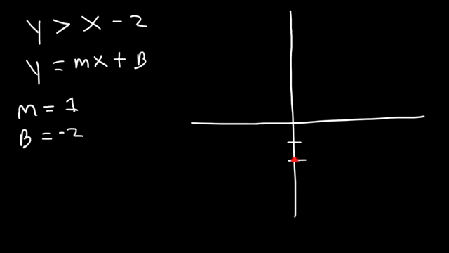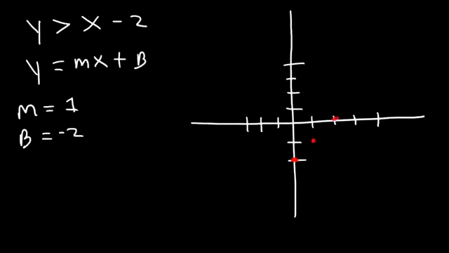If the slope is 1, that means that rise over run is 1 over 1. So as you go up 1, you need to travel 1 to the right. So up 1 is the rise, 1 to the right is the run. It's 1 over 1 because the slope is 1. So therefore, the next point on the graph is here.